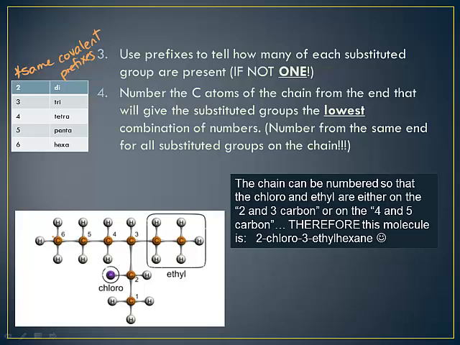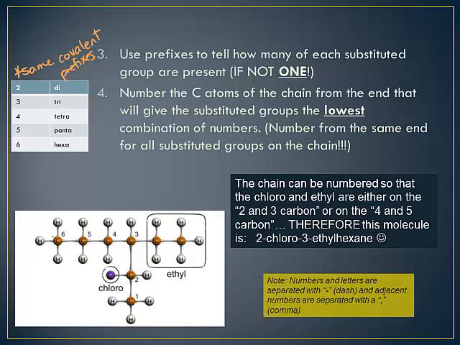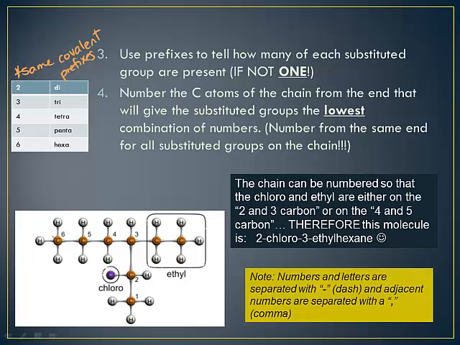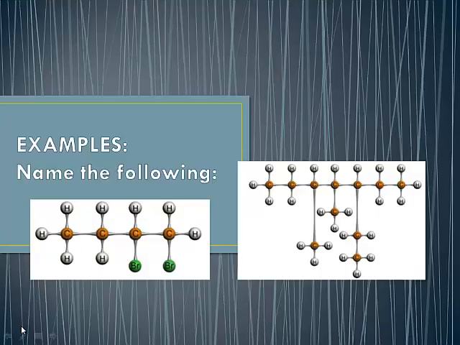In this case, the chain can be numbered so that the chloro and the ethyl are 2 and 3, or 4 and 5. Obviously the 2, 3 is lower, so this becomes 2-chloro, 3-ethyl hexane. Note the numbers and letters are separated with dashes. If you had 2 adjacent numbers, they would be separated with a comma.